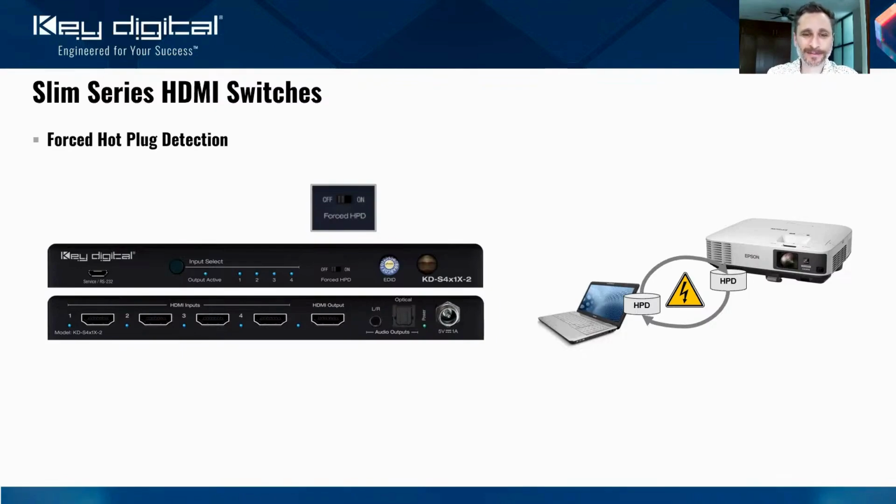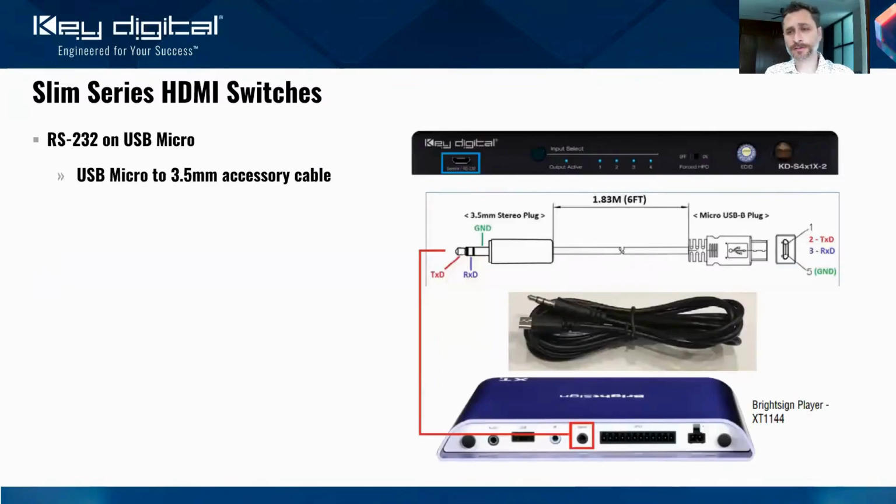We all know it could get really cheap. Is it going to work? Well, forced hot plug detection makes products work, even if otherwise they would have had compatibility issues. The EDID control allows the integrator to choose the exact video resolution and audio format that they need to get a reliable signal throughout their system. So it's all included there.